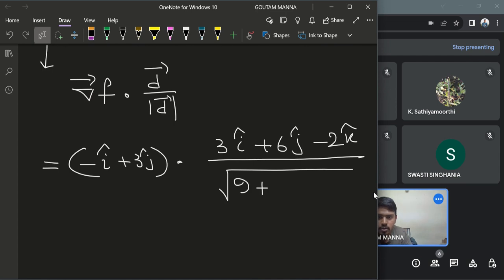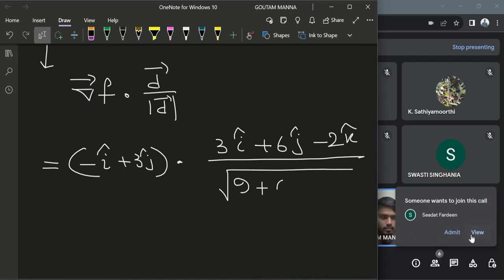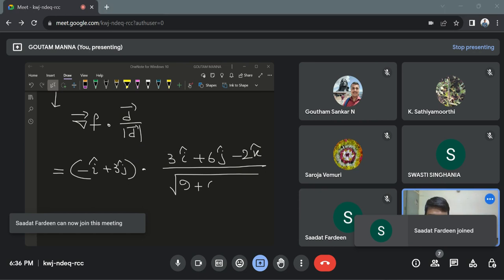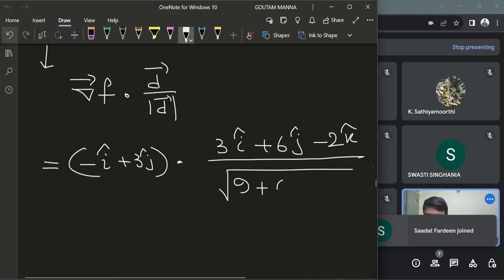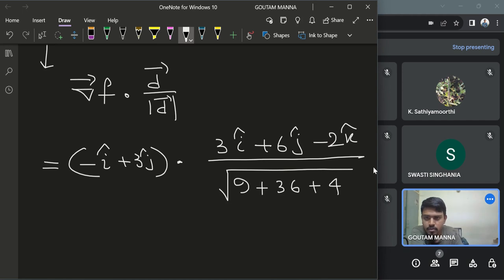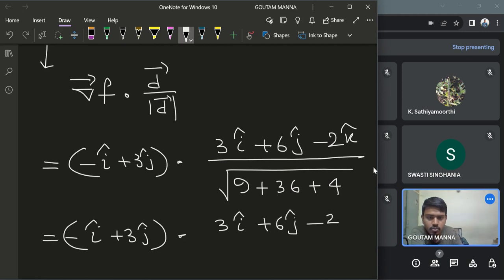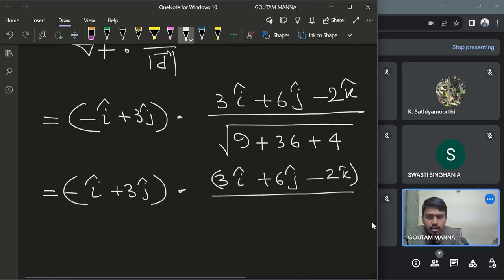9 plus 3 square plus 6 square is 36, plus minus 2 square is 4. So it's minus I cap plus 3 j cap dot 3 I cap plus 6 j cap minus 2 k cap by 36 plus 4 is 40 plus 9 is 49, and root of that is 7.